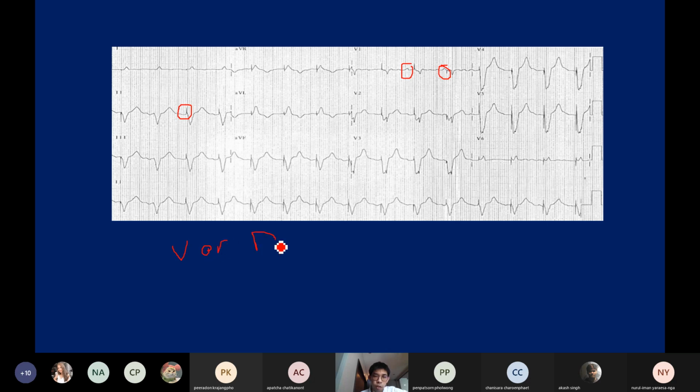Could be V or D. So the next letter is the same. There's a V lead, so there's sensing of V also. And the sensing of A could be only V, or could be D.